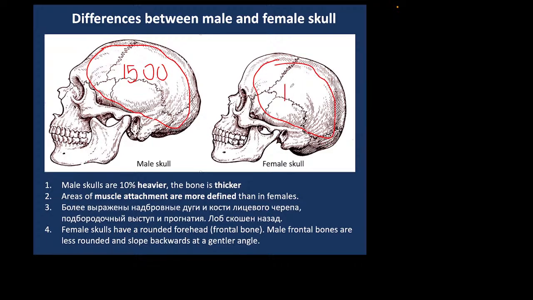Usually it is 1,350 milliliters. Usually this difference is 150 milliliters between male and female. It doesn't mean that men are more intelligent than women. Absolutely. This is just difference in brain mass, in brain weight.